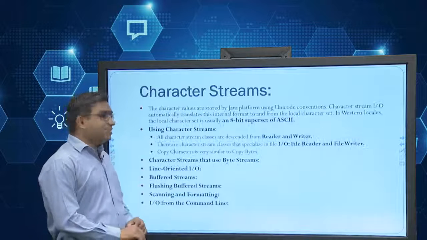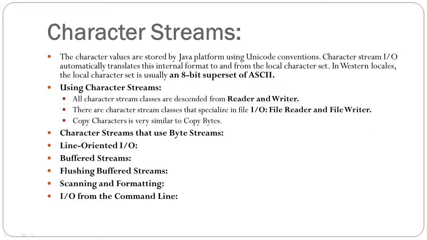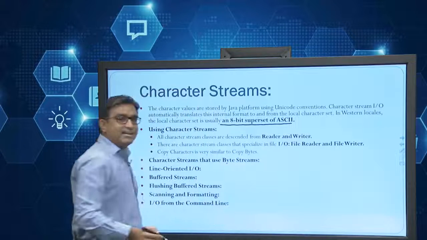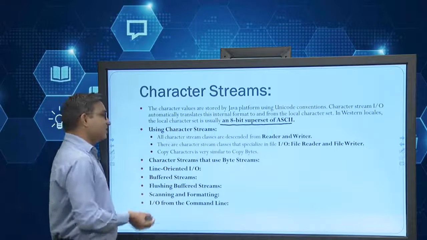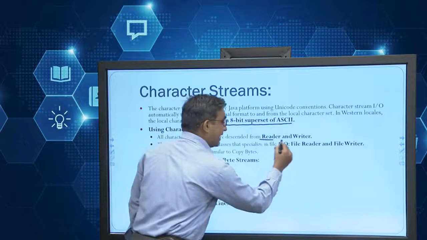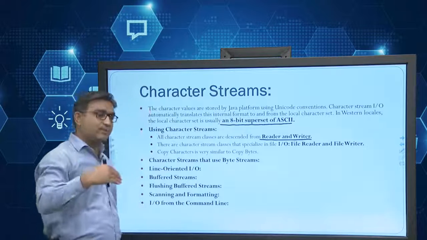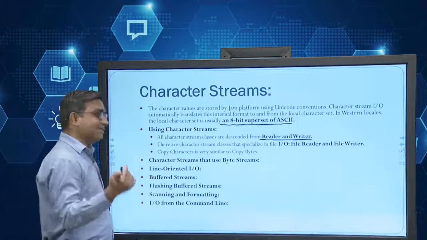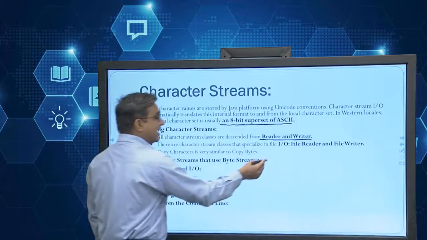Now character streams: what is a character stream? A character stream is a value stored by the Java program, and all characters are stored as an 8-bit superset of ASCII values. All characters are described by the Reader and Writer classes. Whatever operations we perform are part of the Reader and Writer classes, and that package is provided by java.io.